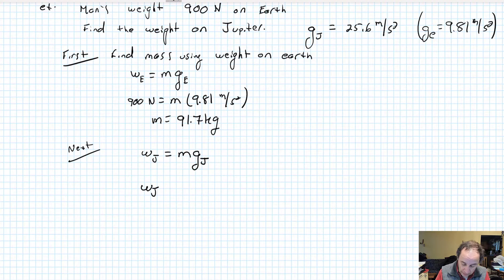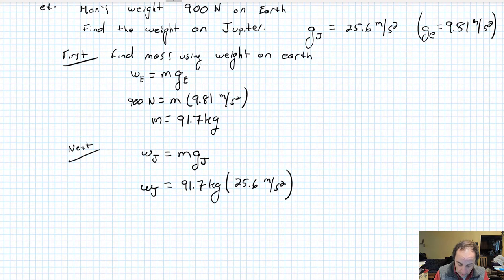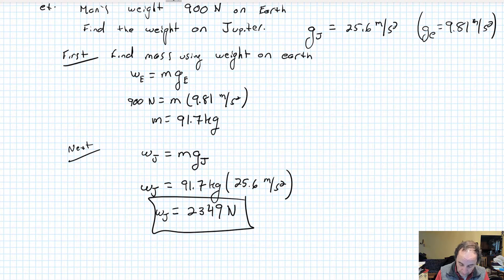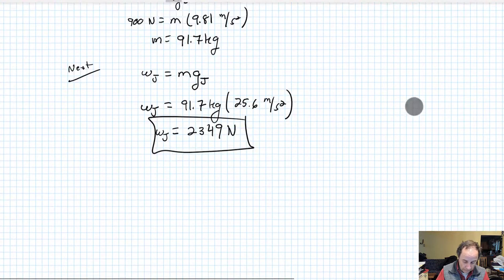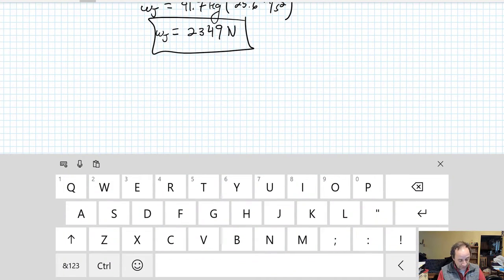So weight on Jupiter is the mass, 91.7 kilograms, times g of Jupiter, which is 25.6 meters per second squared. So weight on Jupiter is 2,349 newtons. Okay.